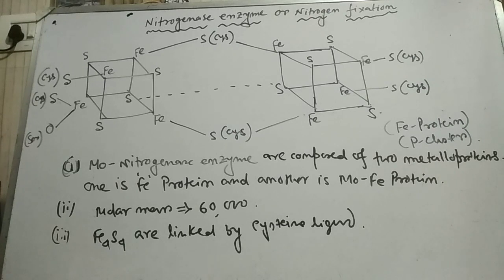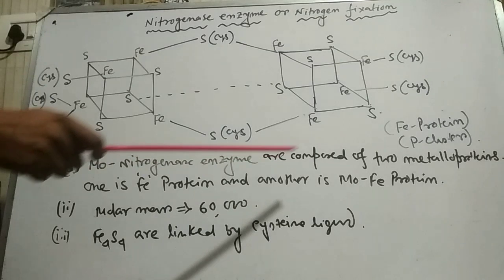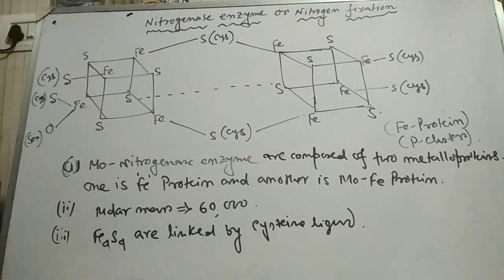The molybdenum nitrogenase enzyme is composed of two metalloproteins: the iron protein and the molybdenum iron protein.